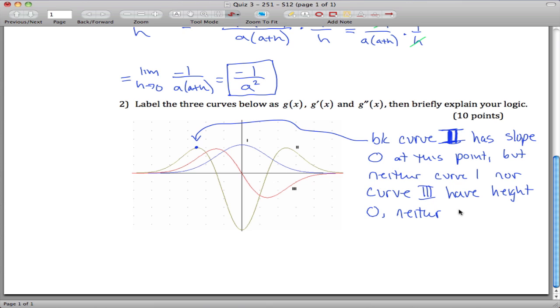Neither 1, maybe I should do Roman numerals here, nor 3 is the derivative of 2.